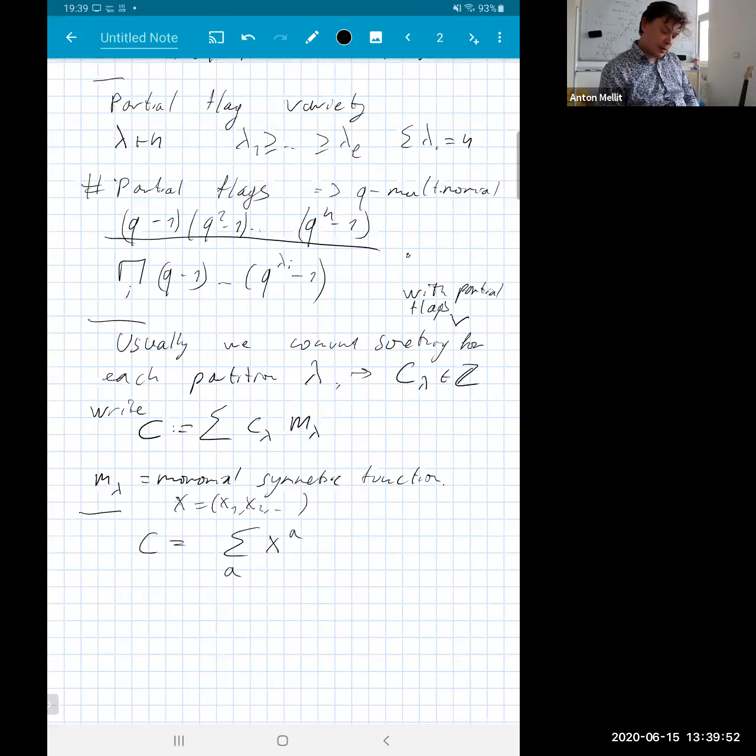And then we put here times the number corresponding to the partial flags with steps given by A, C_A.